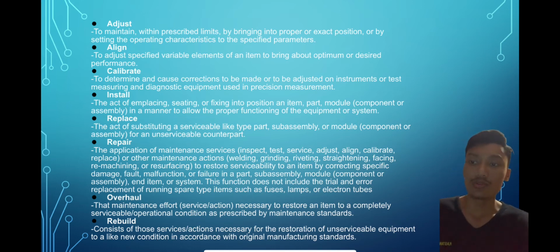This function does not include the trial and error replacement of common spare type items such as fuses, lamps or electron tubes. Overhaul, that maintenance effort, service action necessary to restore an item to a completely serviceable operational condition as prescribed by maintenance standard.